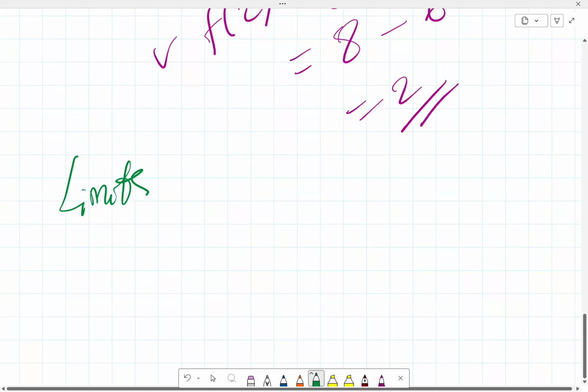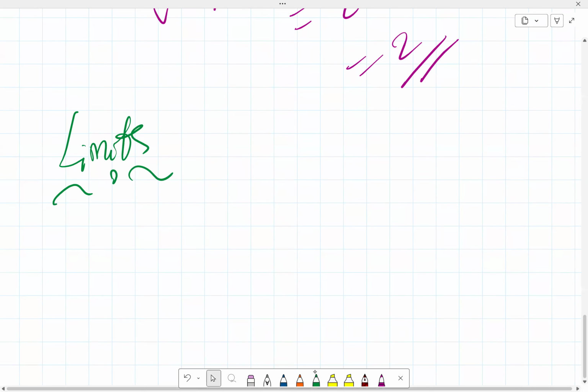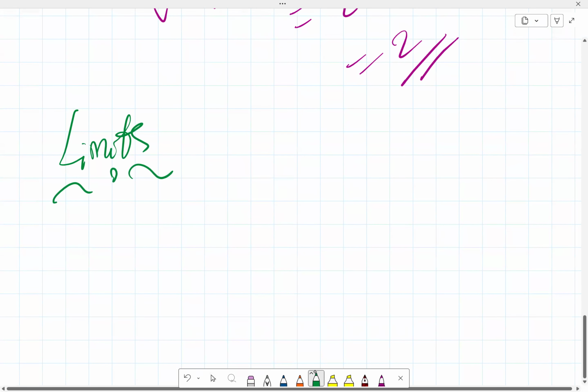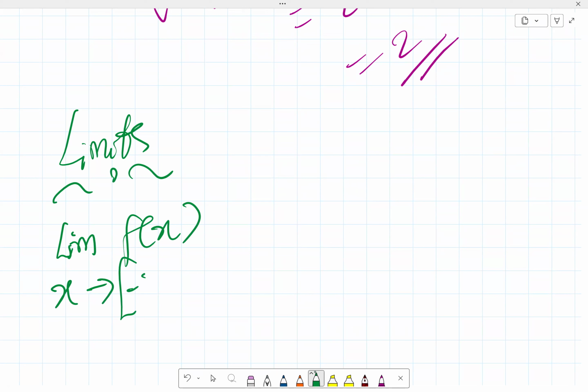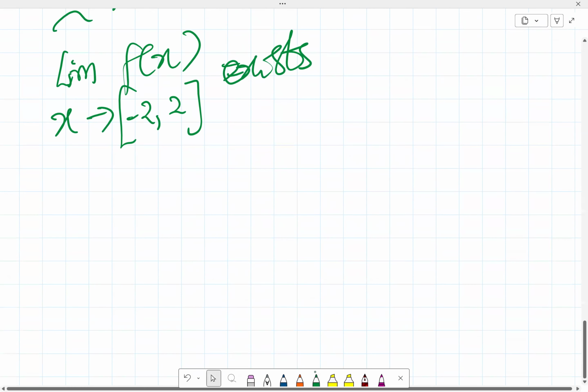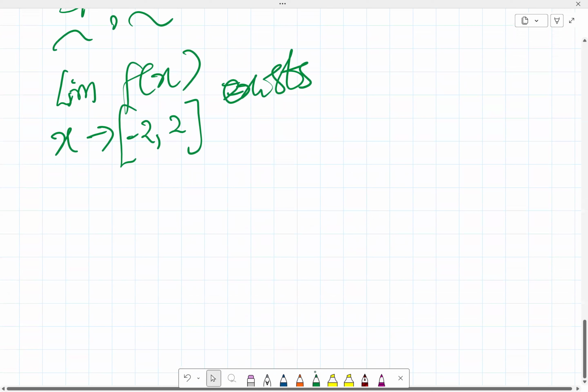For the limits, we'll also take those three points. Normally, I want to see that the limits of f of x as x approaches any of the three numbers you have taken all exist. So in this case, I'll take -2, 2, and 0 again.